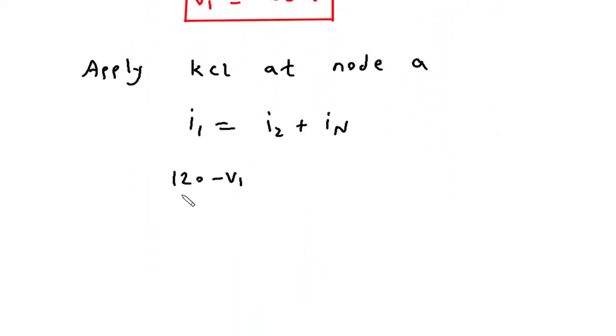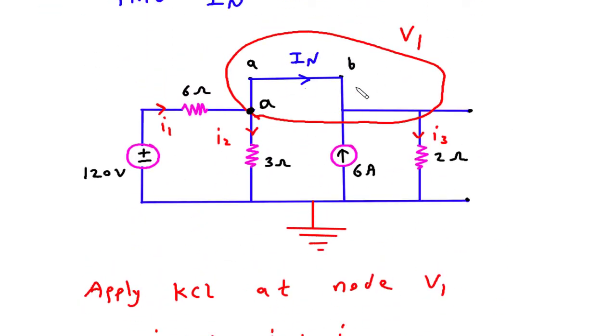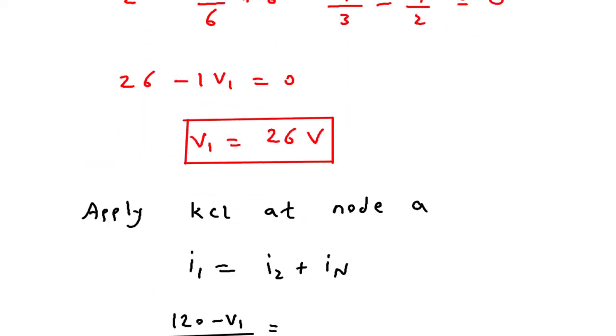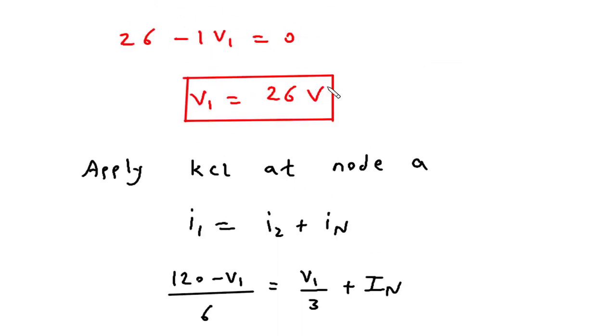120 minus V1 by 6 is equal to I2 plus IN. I2 is V1 minus 0 by 3, plus IN. Now we have the value of V1 as 26 volt.